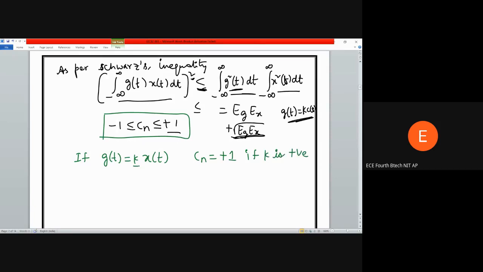If k is negative, then you will be having Cn is equal to -1. And if k is equal to 0, then you will be having Cn is equal to 0. And this is the case where we are going to be having mostly similar, and here mostly dissimilar.